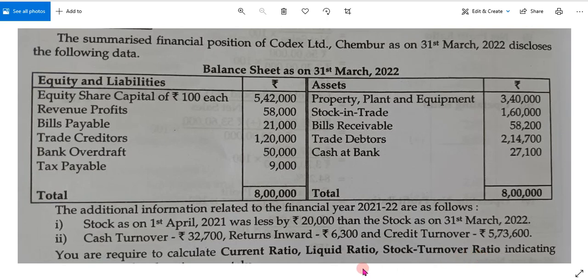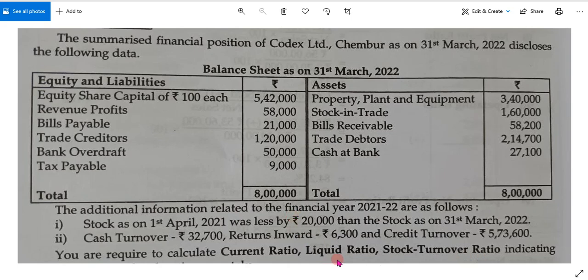Okay, so this is the balance sheet of Codex Limited, Chembur, and after observing this balance sheet, we have to calculate current ratio, liquid ratio, stock turnover ratio. Now each ratio has a particular formula. As per the formula, we are going to solve the current ratio, then liquid ratio and stock turnover ratio.